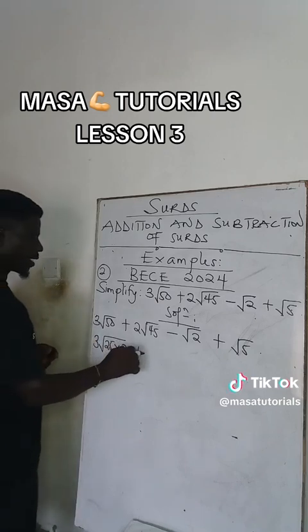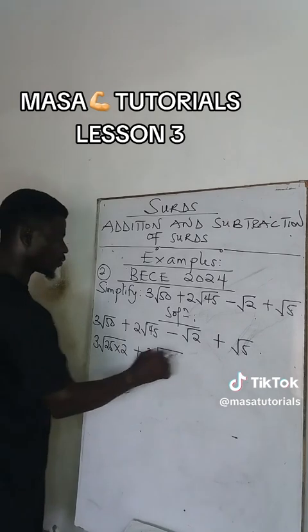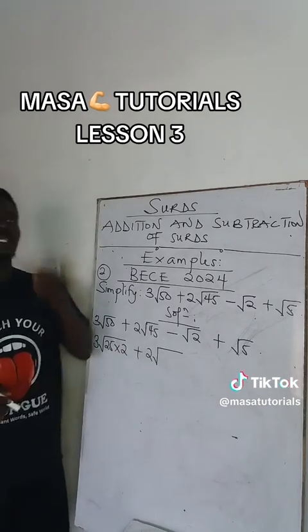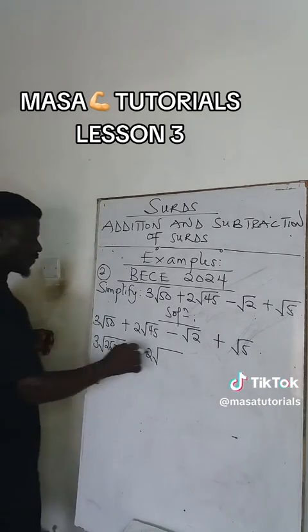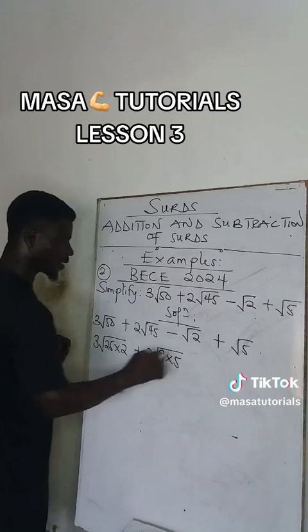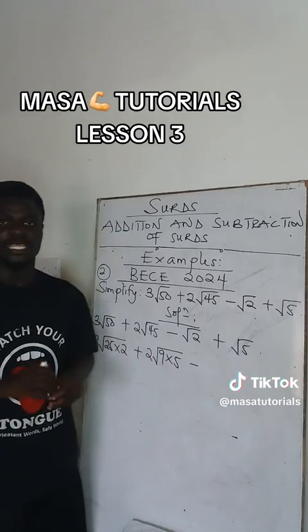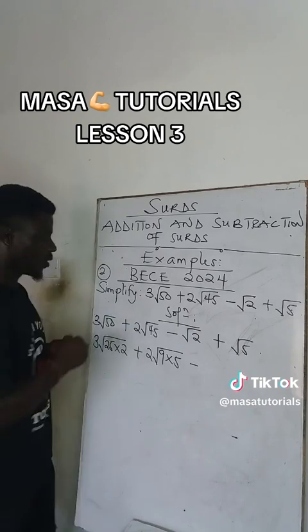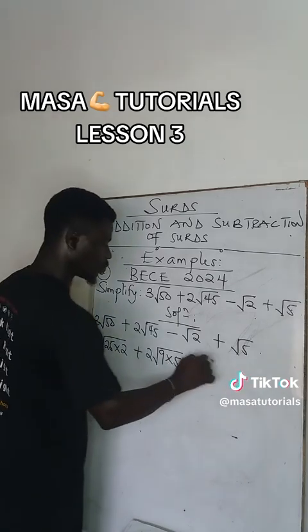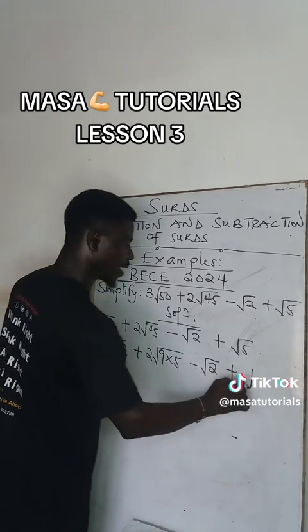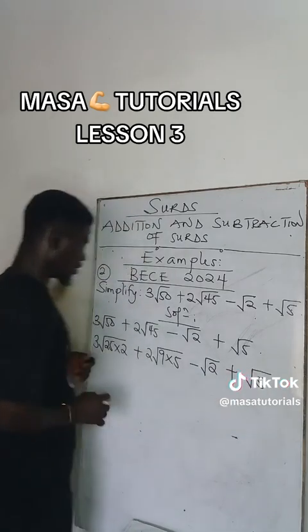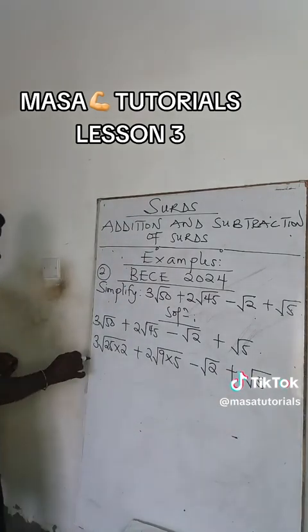And plus here 2 times square root of 45, we get 9 times 5. 9 is a perfect square. Minus square root of 2 is already in its simplest form, so we still have square root of 2. Plus the same thing applies to square root of 5.